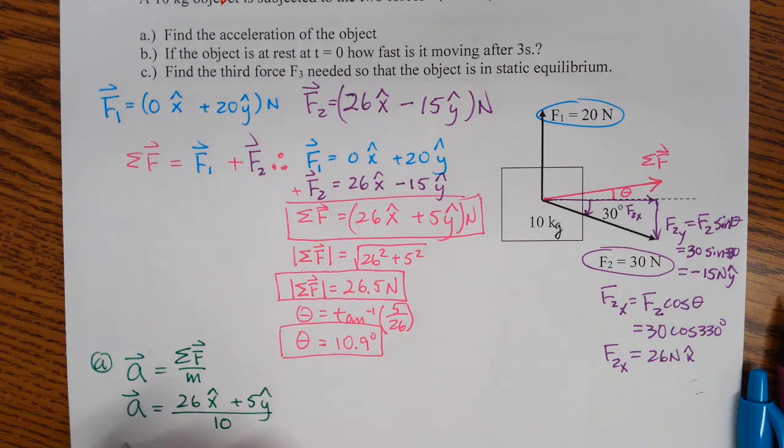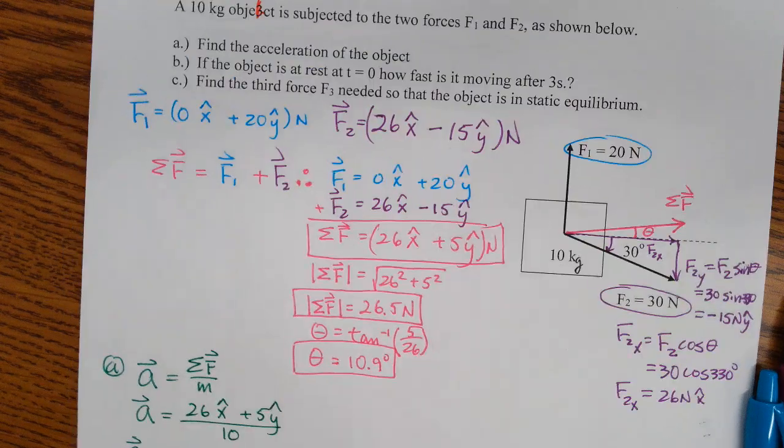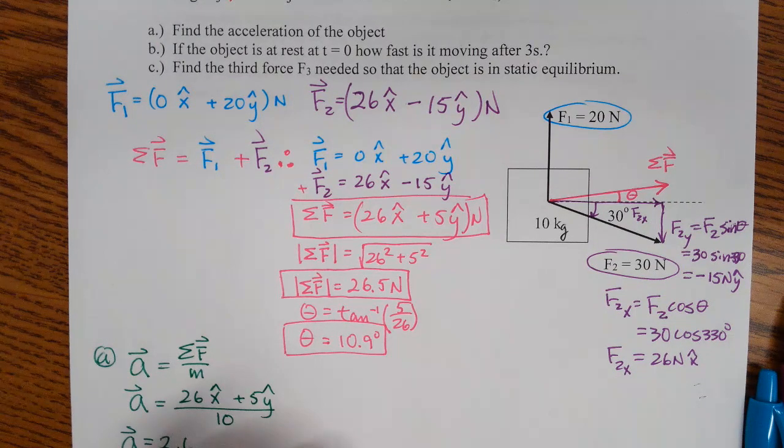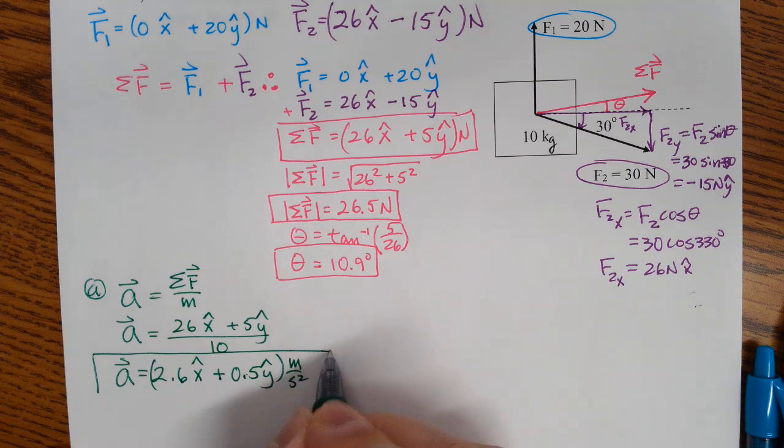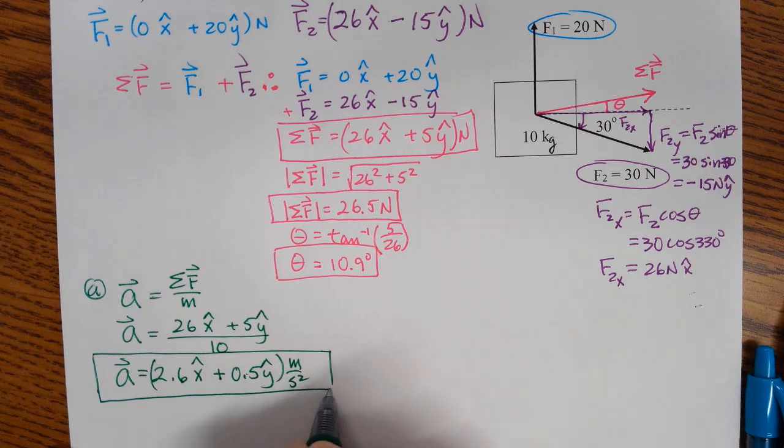My acceleration is really nothing more than 2.6 x hat plus 0.5 y hat meters per second squared. Okay? That's the Cartesian form of my acceleration.